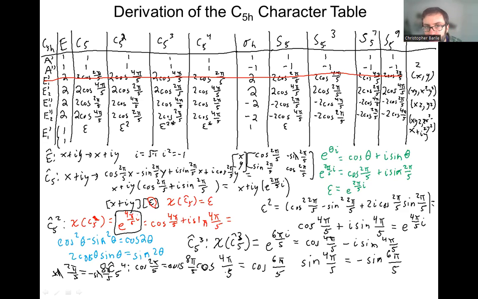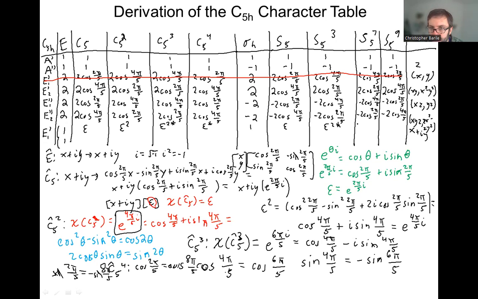And for S5 3 times, S5 3 times is C5 3 times followed by sigma h. So it's going to be the same character as C5 3 times, which is the complex conjugate of epsilon squared. And then S5 7 times, we've gone through this logic a bunch of times, so see the previous videos, is C5 twice followed by sigma h.